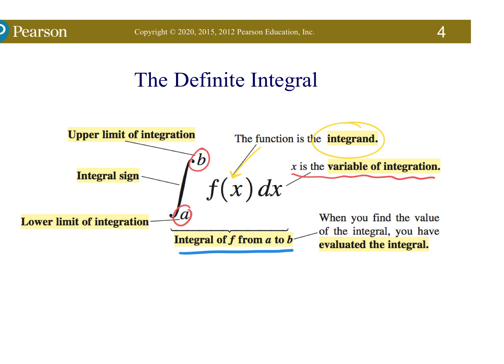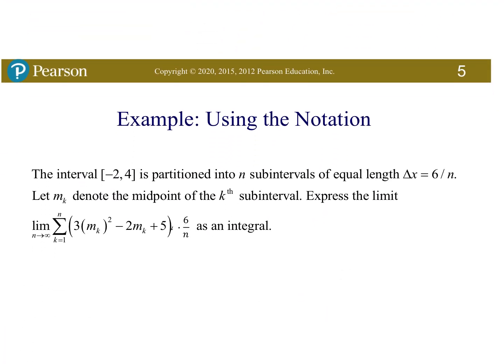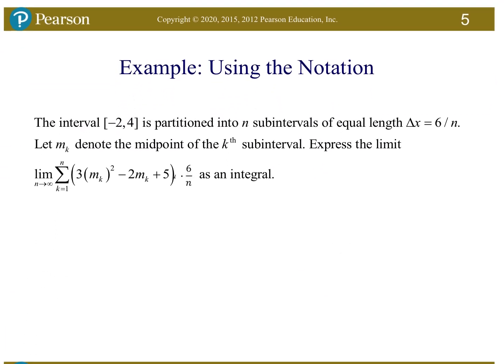And it's with respect to, in this case, the x-axis, because x is the variable of integration. So now that you're in BC Calculus, you should be as familiar with this notation as you are with integral notation. So you should be able to go back and forth from one to the other.